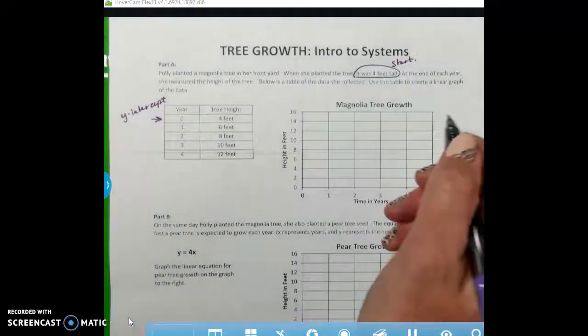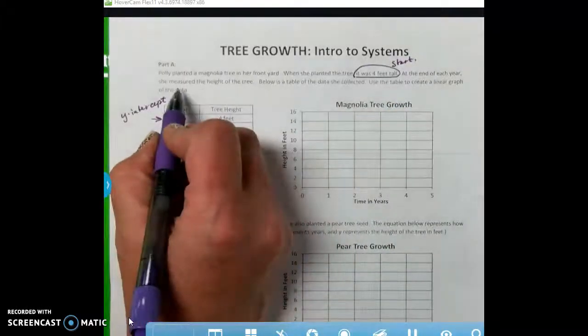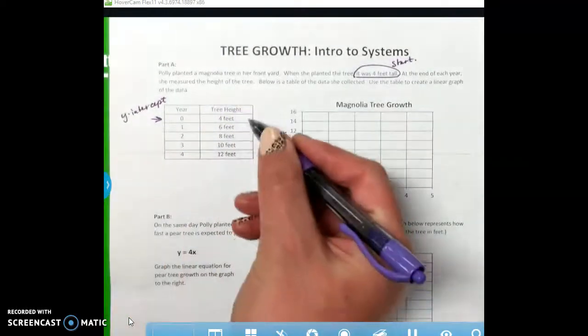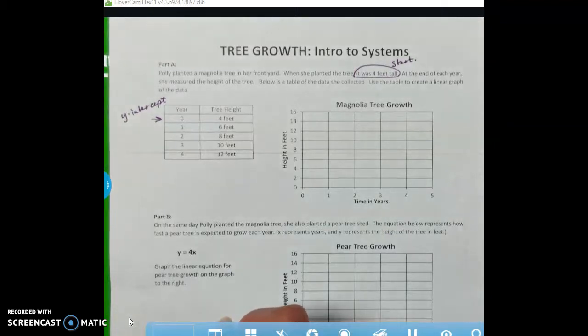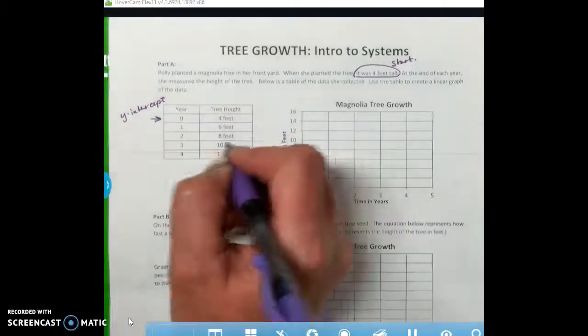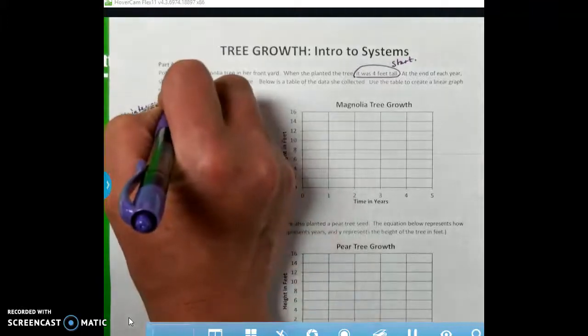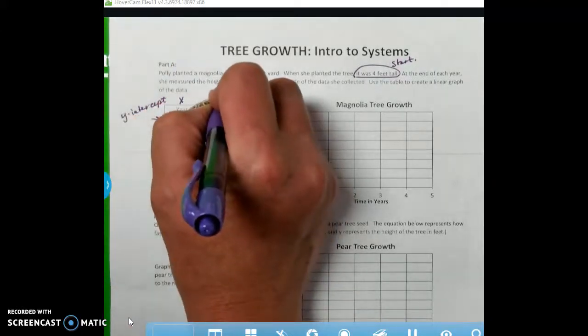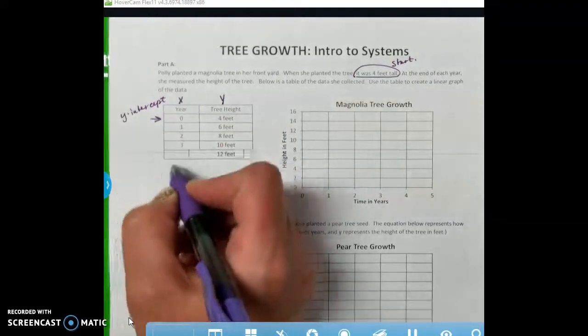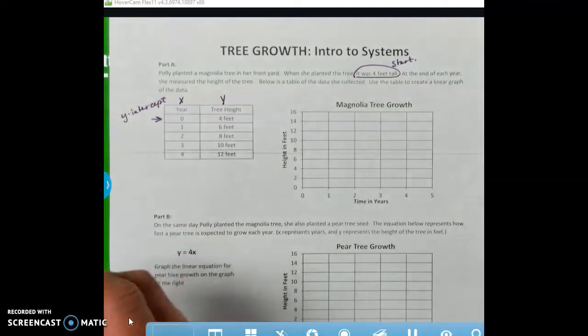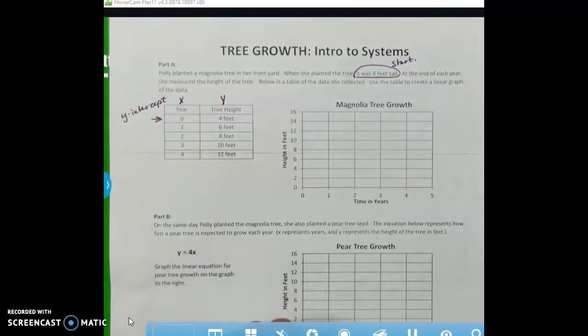So we know at the end of the year, she's measuring the height of the tree and recording it in her table. When we look at our table, we need to determine, hopefully we're comfortable with this, this is our x value. This is our y value. How do we know? The first column is always your x, even if it's not labeled. Then we need to determine the rate of change, the rate of growth.